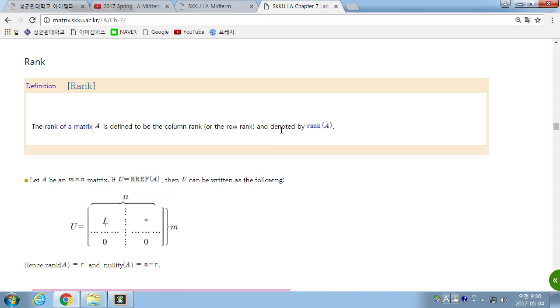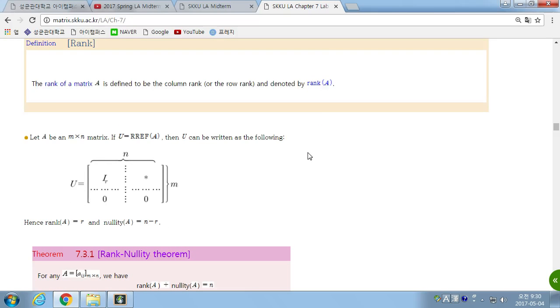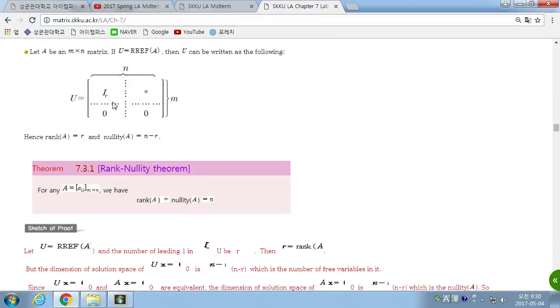So we denote it as rank of A. Rank of A is the number of non-zero leading ones in RREF of A or RREF of A transpose. If this U is RREF of A, then you have R non-zero leading ones here, and if you have an m by n matrix, then R is the rank of A.